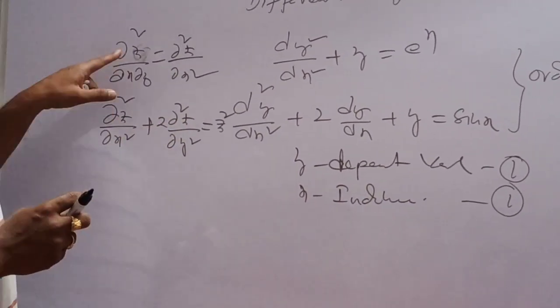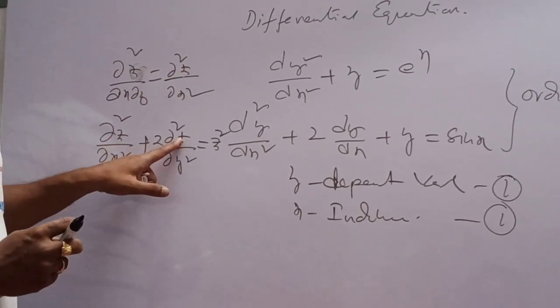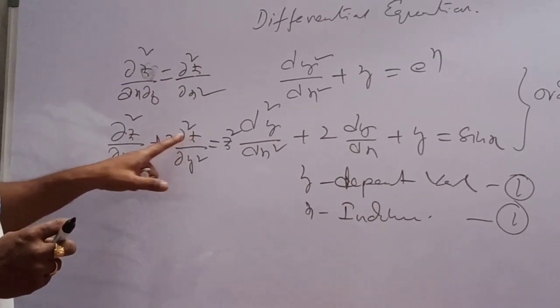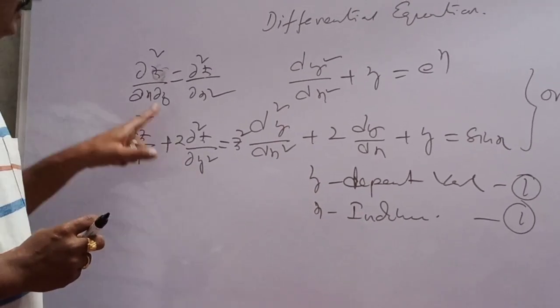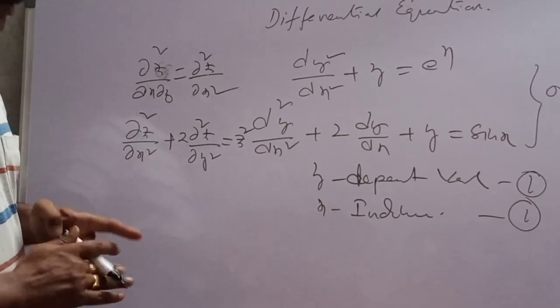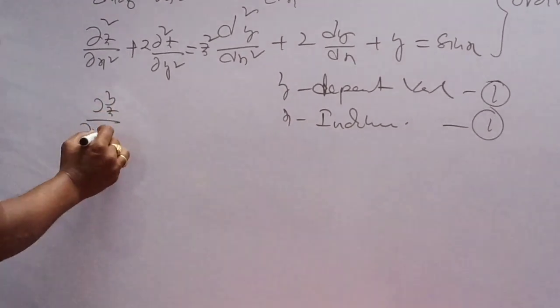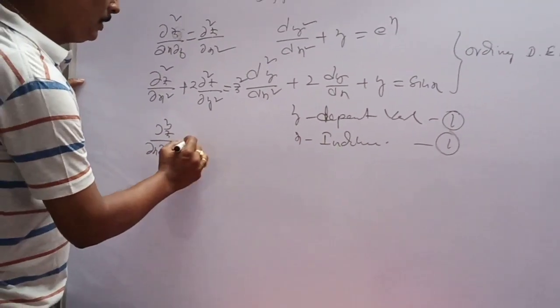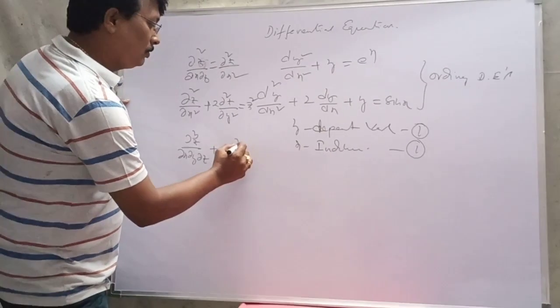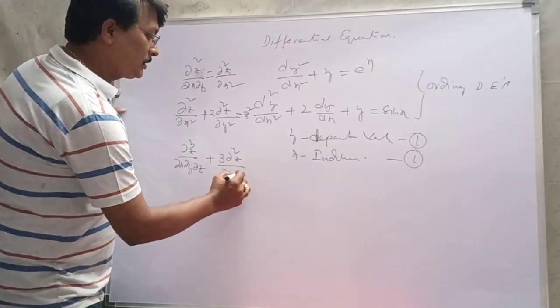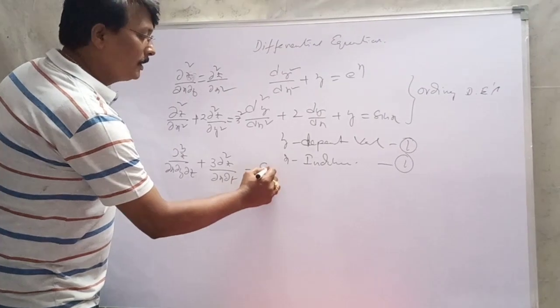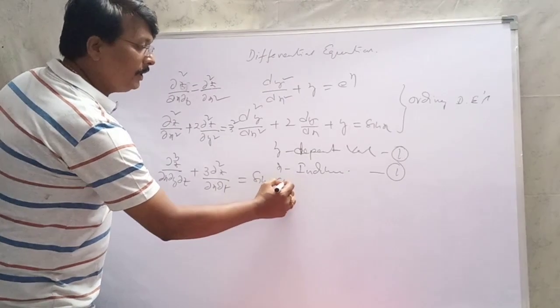So here you observe z is the dependent variable, but the independent variables are more, x and y. Suppose you observe dou cube z by dou x dou y dou t plus 3 into dou square z by dou x dou t equal to some sin t.